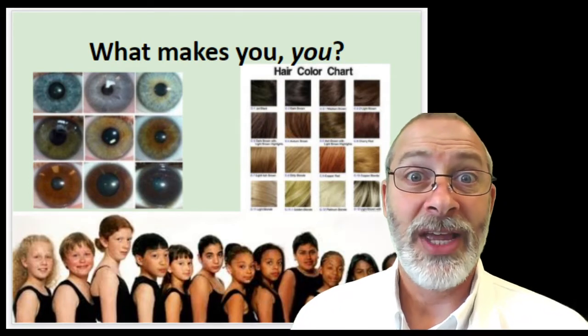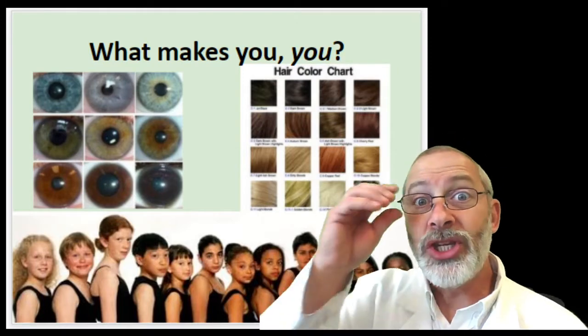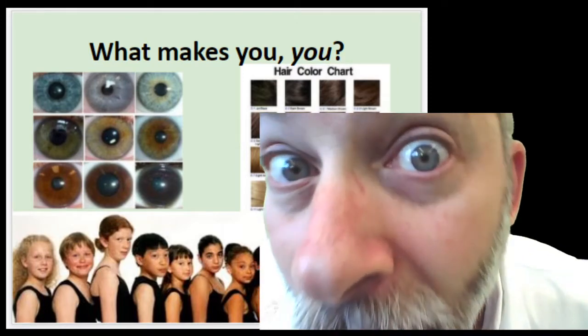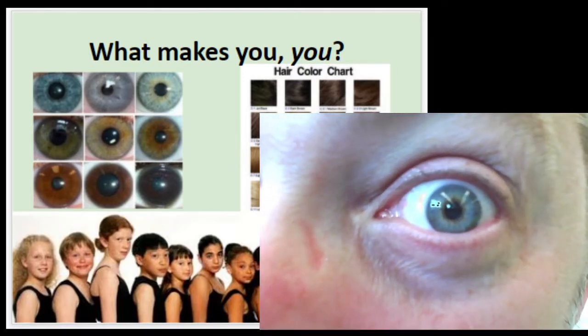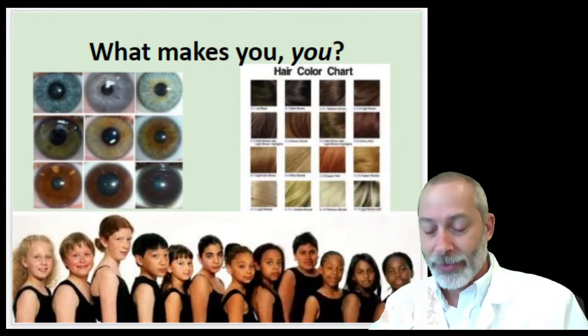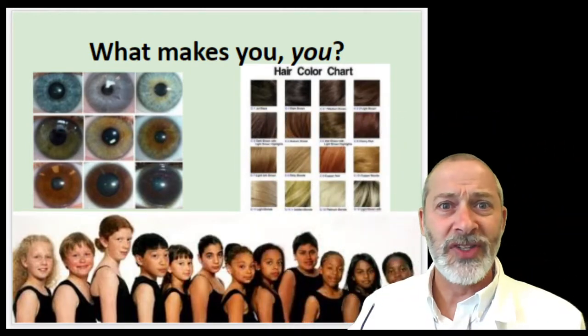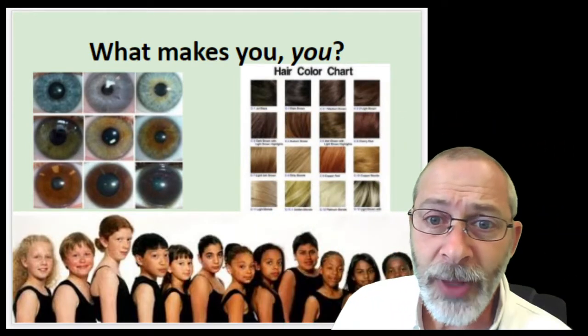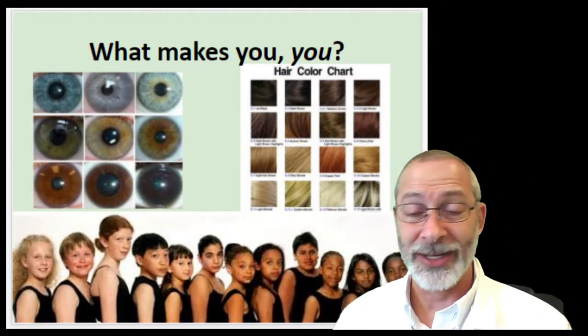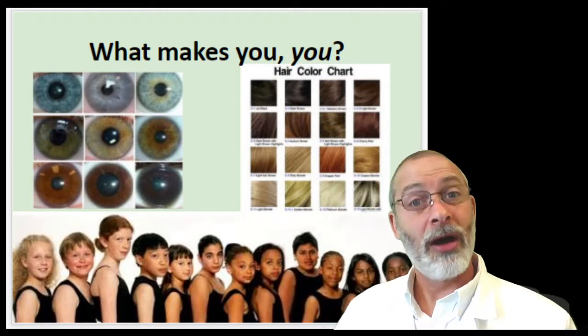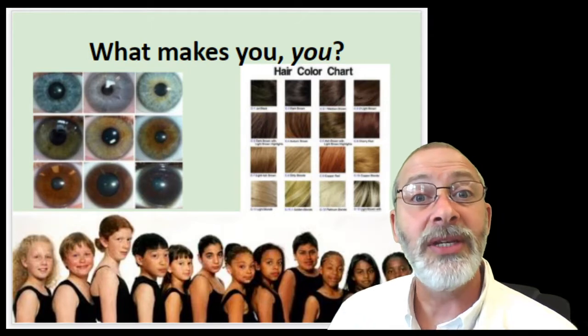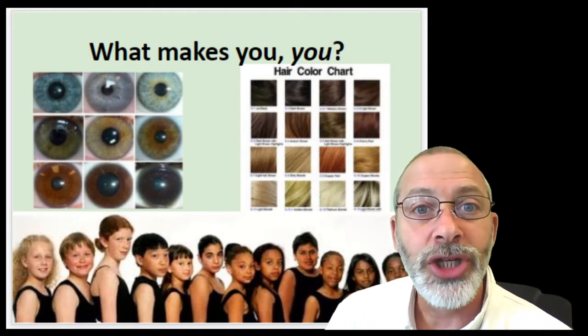Some people even say my eyes are blue. What do you say my eyes are? I don't even know if you could see it that closely. But it also depends on how the light shines on them. But be that as it may, our eye color is determined by our genetics.